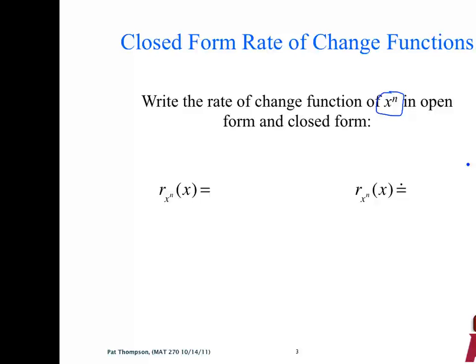And what do we mean by a closed form function? Let's review that with the person next to you. And then for this particular one, x to the n, write out the rate function for x to the n in open form and in closed form. So see if you can do it without shuffling through your notes. See if you can collaborate with the person next to you and kind of remember it, rather than just looking it up in your notes and reading it.